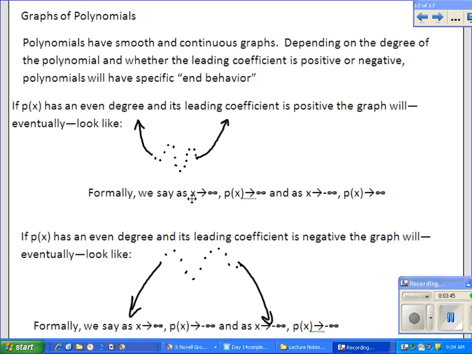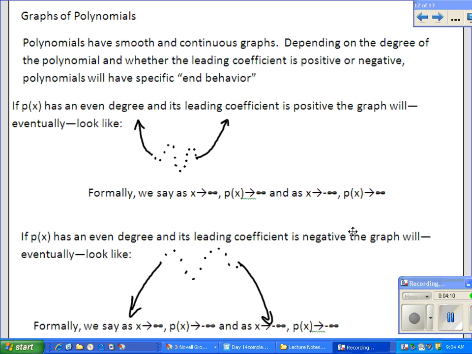So formally, we say as x approaches infinity, so as x goes off to the right, p of x, the values of y, also approach positive infinity. So it goes shooting up here to the right. And then as x approaches negative infinity, so as the values of x go off here to the left, p of x, which is just a fancy name for y, approaches positive infinity, so the function increases up here to the left.